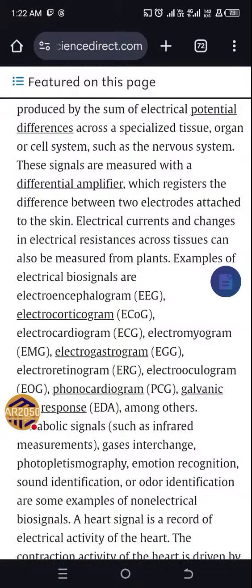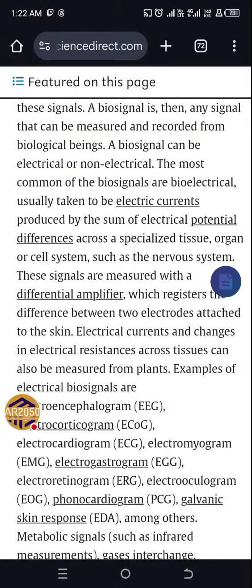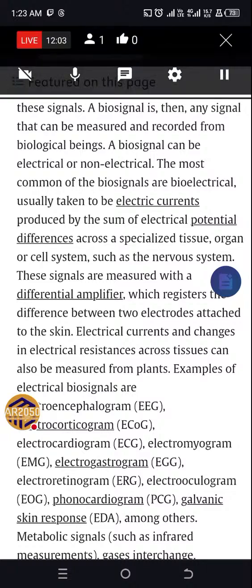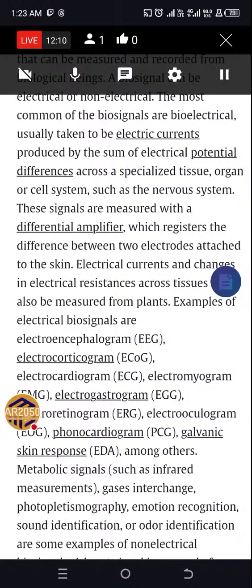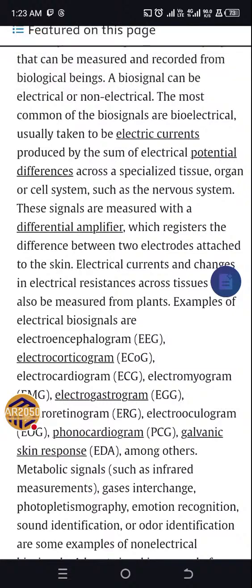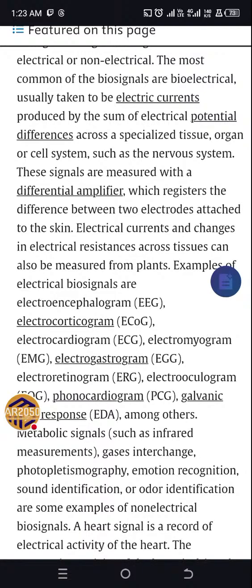This is also a very important point, that most of the time the biosignal can be electric or non-electric. The most common biosignals are bioelectrical, usually taken as electric currents produced by the sum of electrical potential differences. So most of the time the bioelectrical signals are captured from specialized tissues, organ or cell systems such as the nervous system. These signals are measured with a differential amplifier, which registers the difference between two electrodes attached to the skin.